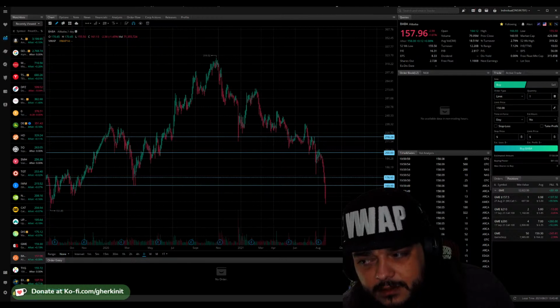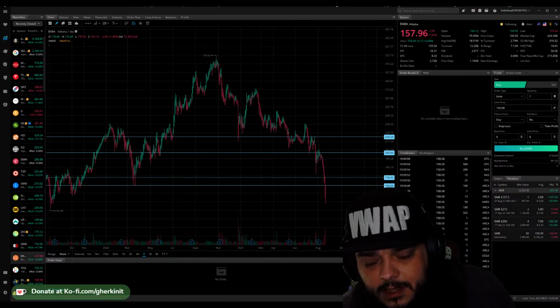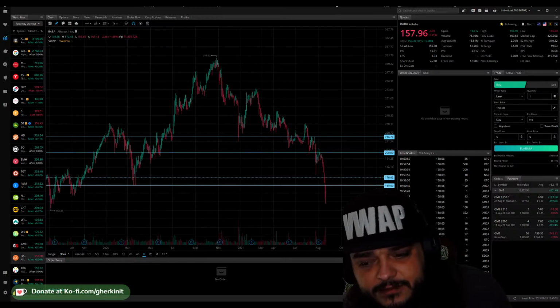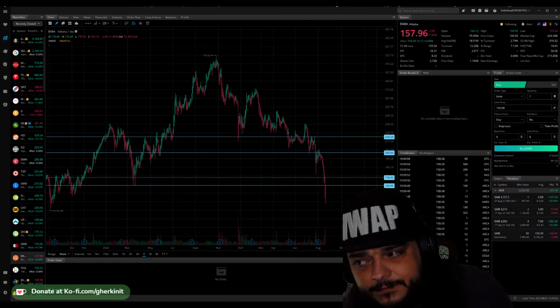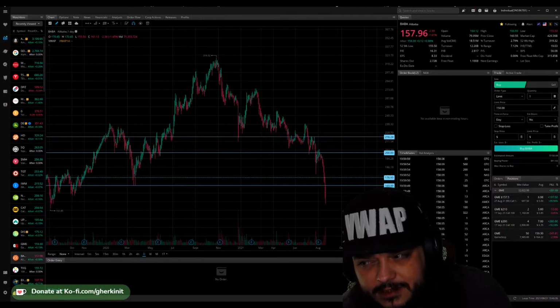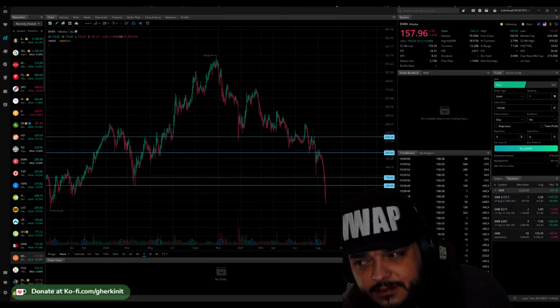I would look for it to learn to place resistances and signal approaches of those resistances, so when the stock price approaches a resistance or support. That's a little harder, I think, to do from what I've heard, but those are generally good signals.